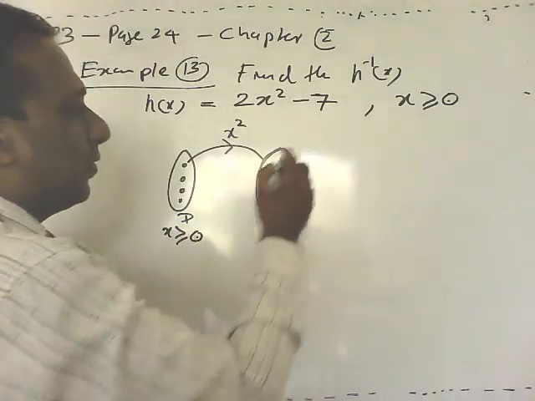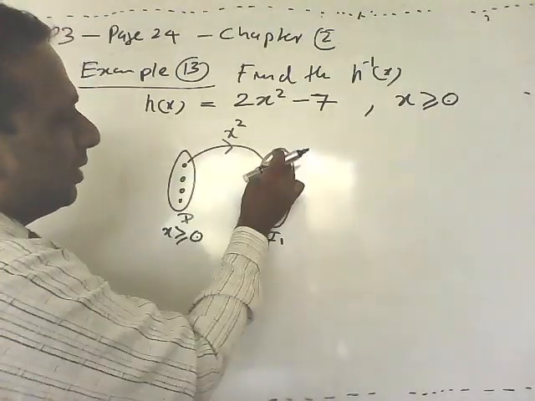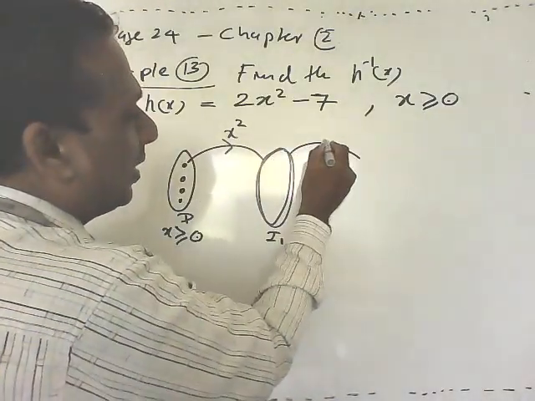And then whatever output you got, you are going to multiply it by 2.